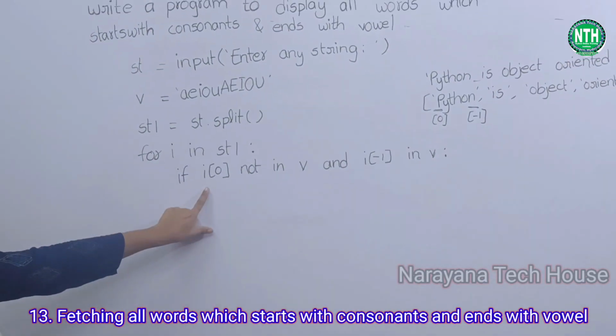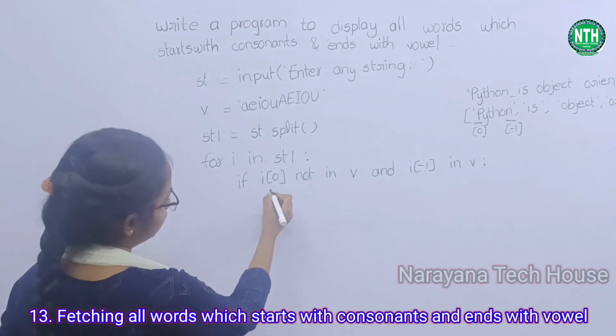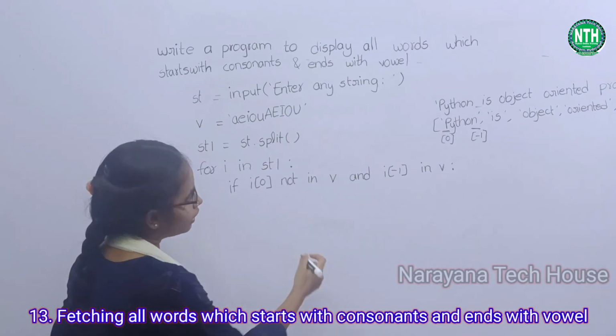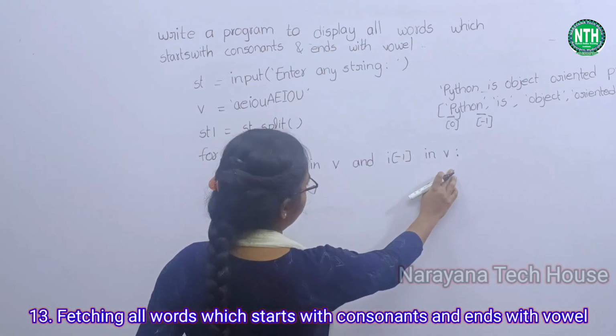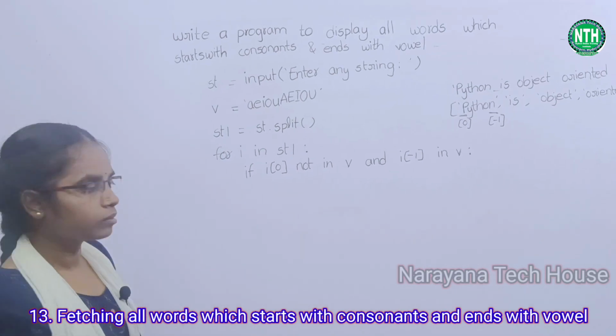Because we want the words which start with consonants, that means i of 0 not in vowel; not in vowel means consonants. And i of -1 in vowel, that means we want words that end with a vowel.